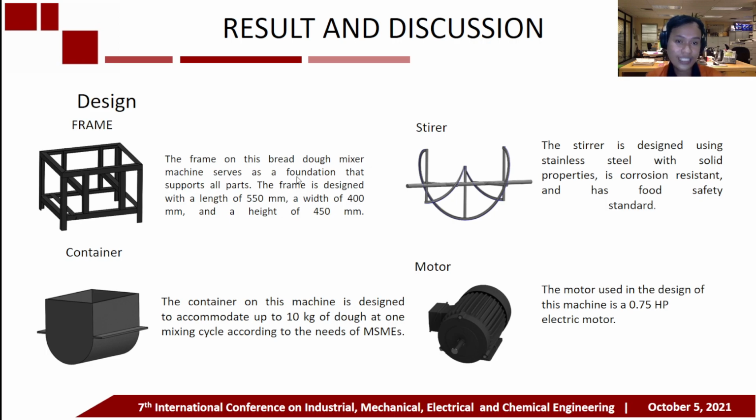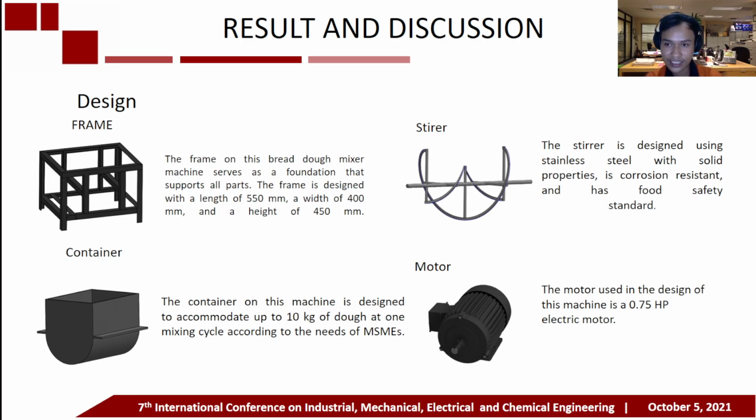The frame on this bread dough mixer machine serves as a foundation that supports all parts. The frame is designed with a length of 550 mm, a width of 400 mm, and a height of 450 mm.